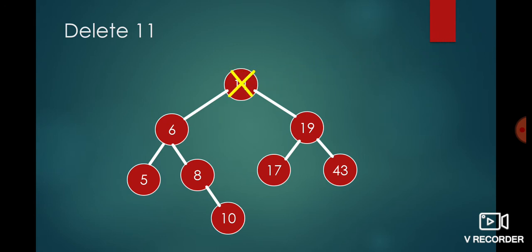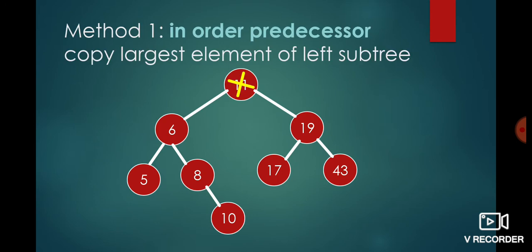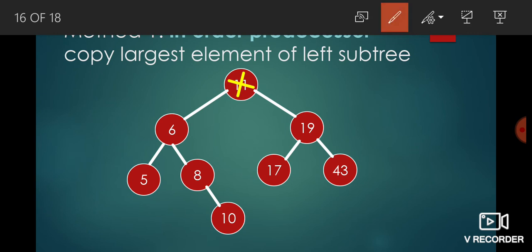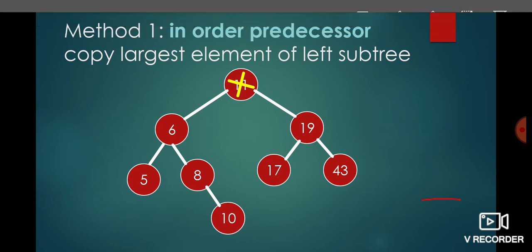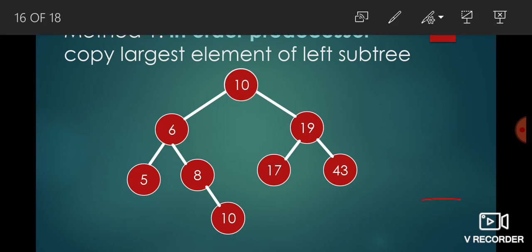So we have to remove 11. So how can we do it? First of all, in inorder predecessor, we see the left subtree and choose the largest element of the left subtree. So the largest element is 10. Okay, so what we do is we rewrite 10 on 11.